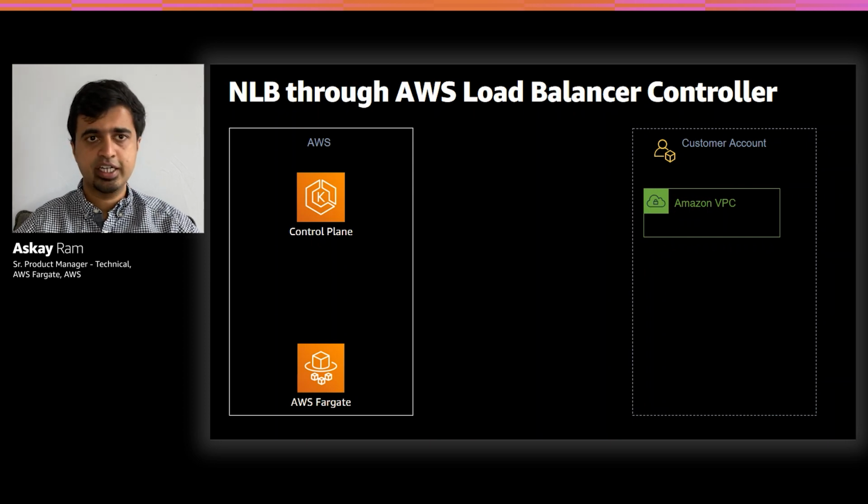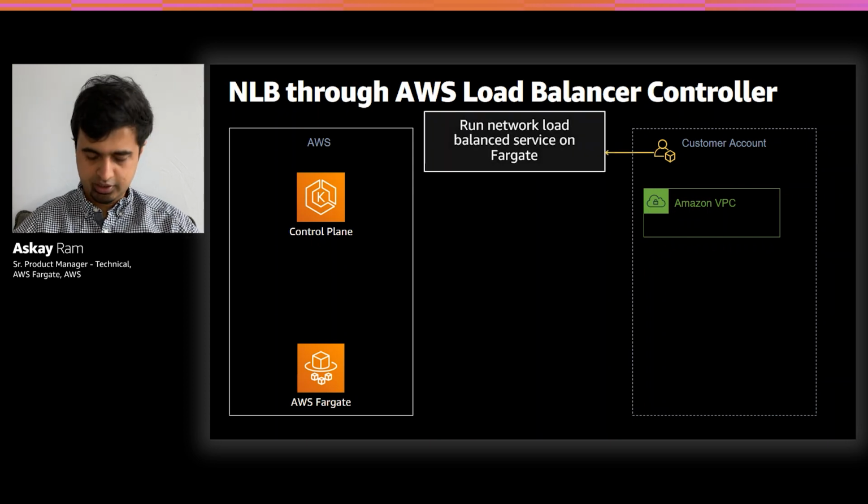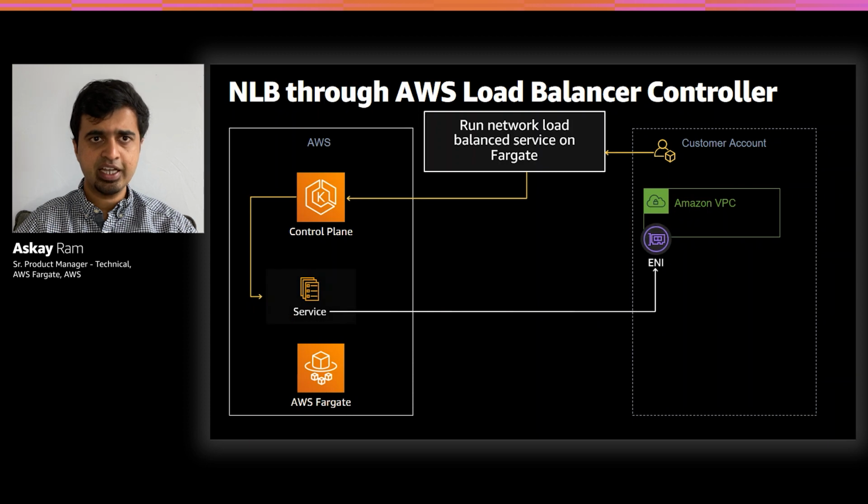You want to run a network load balance service on Fargate. What we do is behind the scenes, we run that service on compute, which is fully managed by AWS. And we also took it a step ahead saying, hey, can we just provision network load balancers on your behalf? And it becomes super simple for you because you don't have to worry about network load balancing. You just want to run a game server and network load balancers are provisioned.